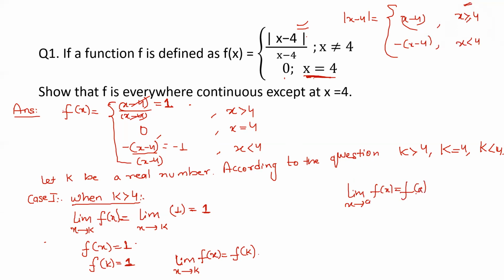Now check here, f(x) is equal to 1. If in place of x we write k, why k? Because we have to check whether this function is continuous at k. So in place of x, if we write k, then on the RHS there is no x, so it remains 1. Is it clear, Abdul?